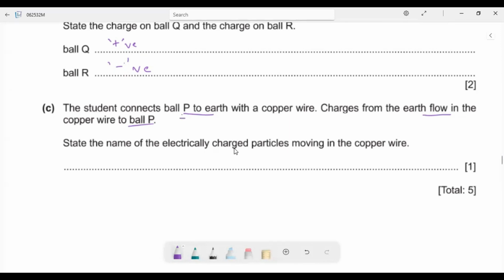So P is positive, so always it will attract free electrons. When it is connected to ground through a copper wire, free electrons will move from the ground towards P. The particles moving will be free electrons.